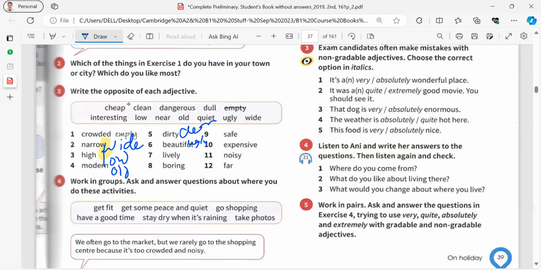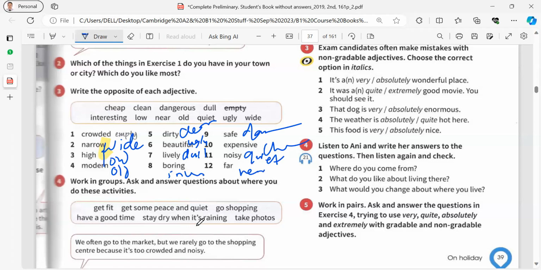Lively. Dull. Boring. Interesting. Safe. Dangerous. Expensive. Cheap. Noisy. Quiet. Wide. Far. Near. That's it. Thank you, Nawaf.